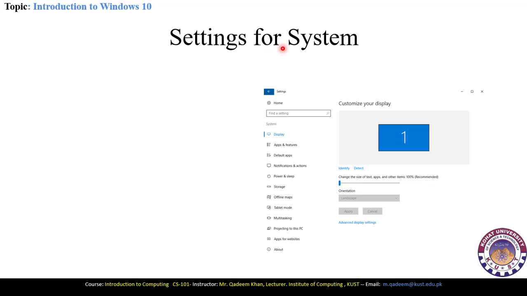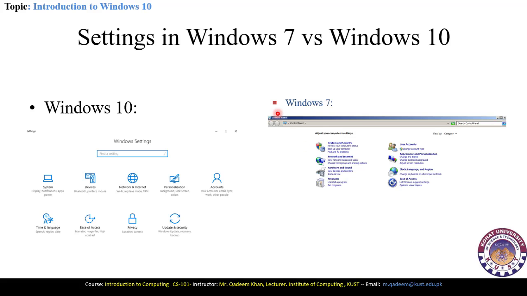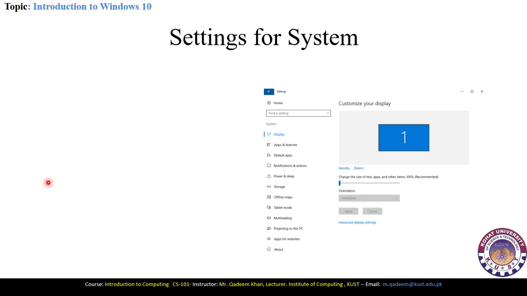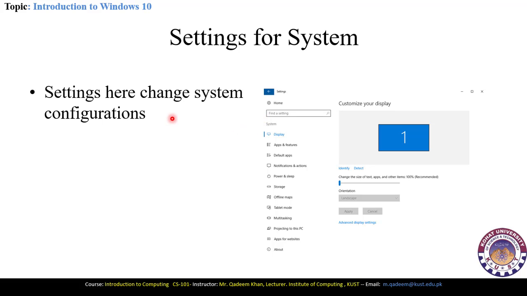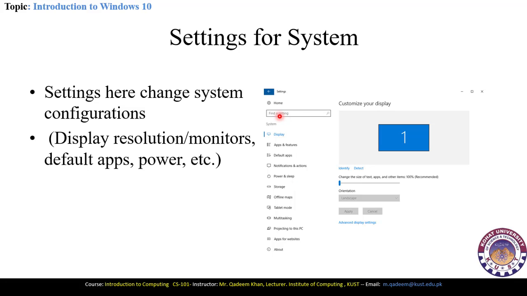Now settings for the system. For example, if you click the system icon in the settings, you will see this window. Here are multiple settings to change the system configuration, so you can configure your system by clicking on these settings.